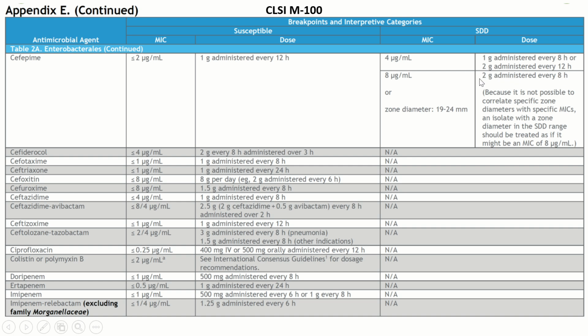If you are giving 2 gram cefepime every 8 hourly, in any case, you will be covering this particular isolate as well. So if the clinician thinks, should I go in for 1 gram BD or should I go in for 2 gram BD? Should I go in for 2 gram TDS? You can go in for a higher dose in case you're suspecting that this strain might mutate and the MIC might rise from 0.125 to 0.25 or maybe 0.5, especially in cases of Enterobacter cloacae.